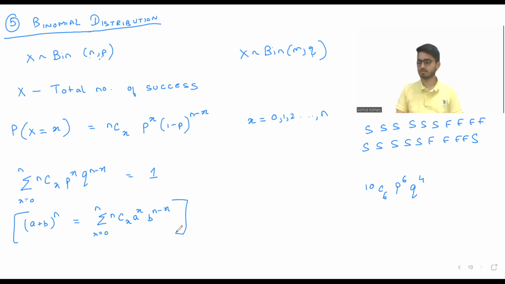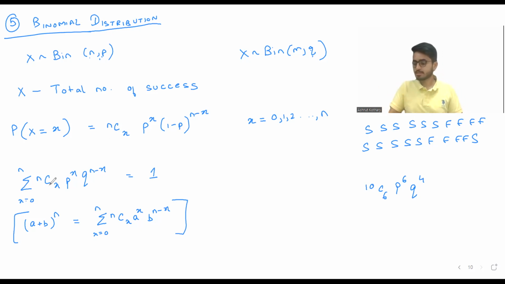Can we just check whether this was mentioned or not in the first prerequisite class? Binomial expansion under the heading. One of you has mentioned it might have been covered, expansion of (a plus b) whole to the power n. It's there, right?